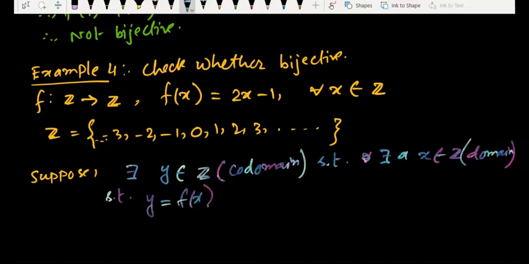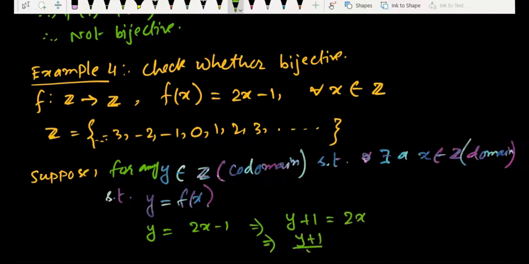So for any y belongs to the codomain, there exists an x belongs to the domain such that y equal to f(x). Now what is our f(x)? f(x) is 2x minus 1. So this gives us y plus 1 equal to 2x, and this gives (y plus 1) by 2 equal to x. Now if we put y equal to 0, we can put y equal to 0 because 0 is an integer.